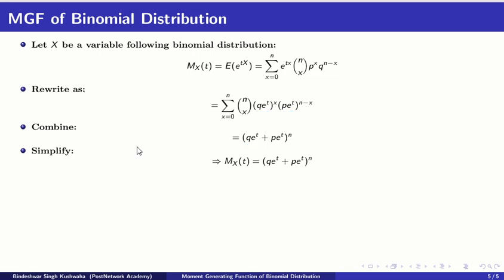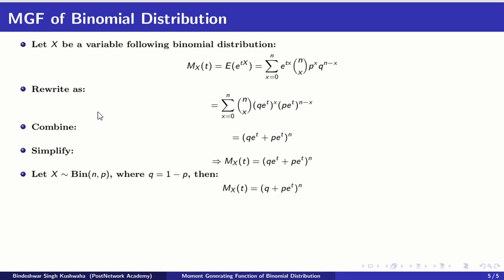If you combine, that is the moment generating function of the binomial distribution, that means the moment generating function of the random variable x. Using this moment generating function, we can get moments.